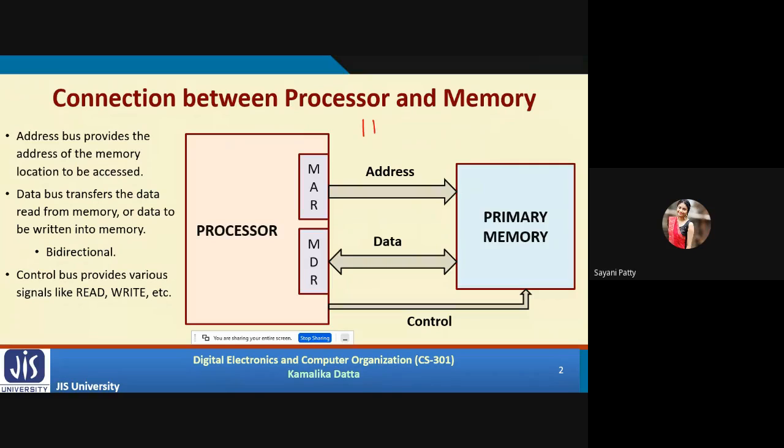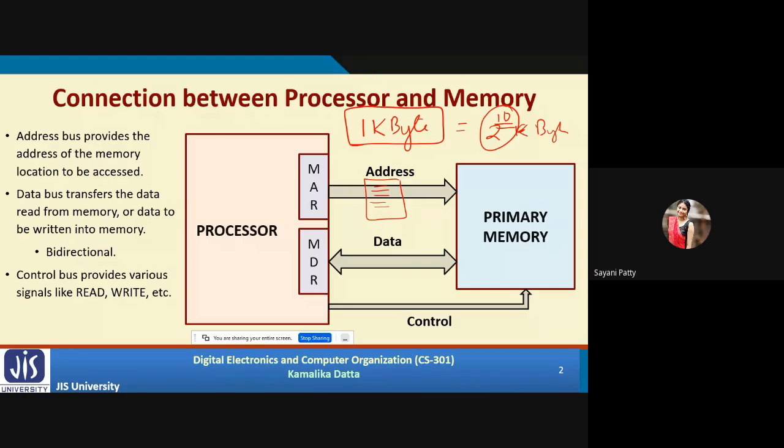I'm telling you, you are right. If you are having a total memory of 1 kilobyte, how many address lines will be required? So the address bus will have how many lines? K means 2 to the power 10, that many bytes basically. So there will be 10 lines.